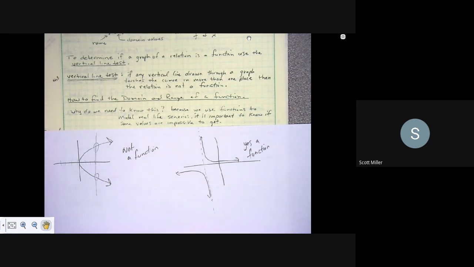I can plug in positive numbers, I can plug in negative numbers, I can plug in 0, okay? But if I model the number of people going into a stadium for a football game or something like that, can I use every single value for x? In other words, if x represents the number of people going into the stadium, does it make any sense to have negative people?